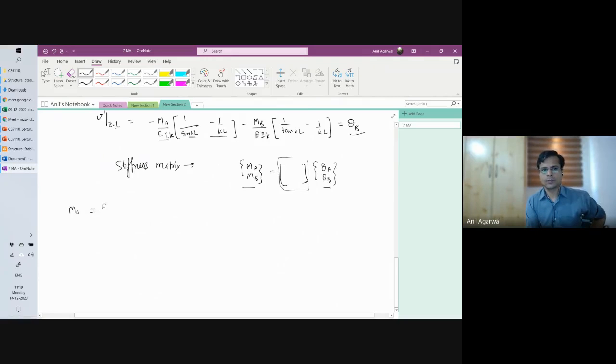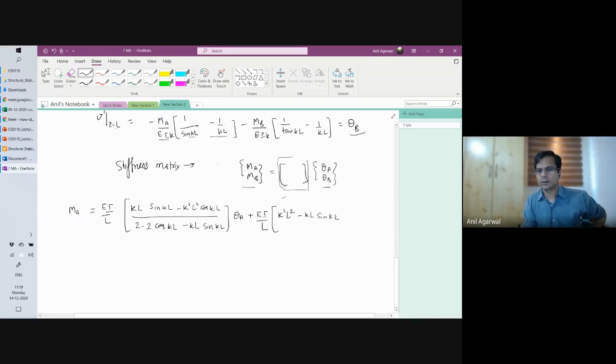MA is equal to EI by L, times KL sin KL minus K square L square cos KL, divided by 2 minus 2 cos KL minus KL sin KL, theta A, plus EI divided by L, times K square L square minus KL sin KL, divided by 2 minus 2 cos KL minus KL sin KL.